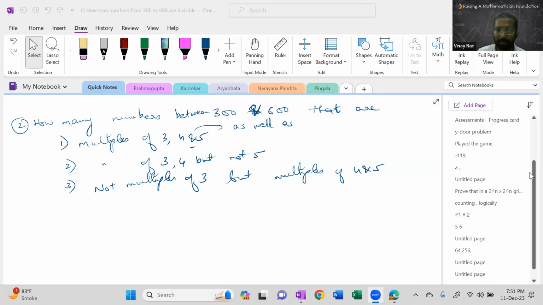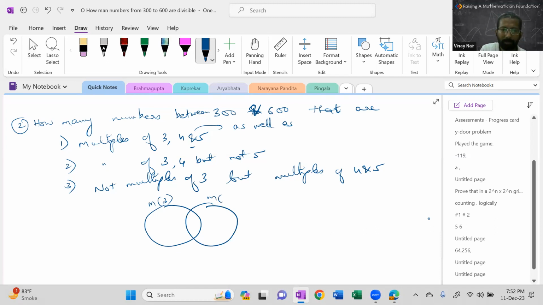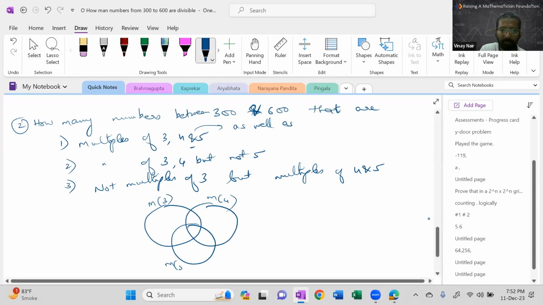So the Venn diagram will look something like this. Multiples of 3, multiples of 4, multiples of 5.